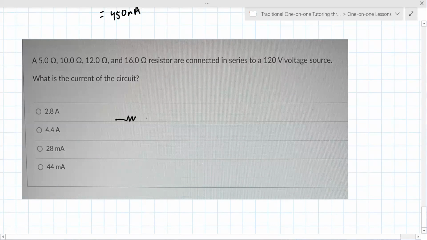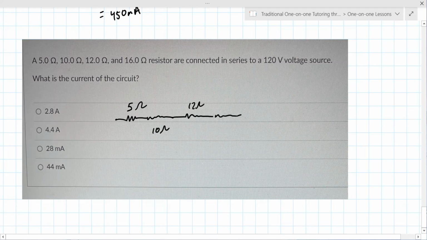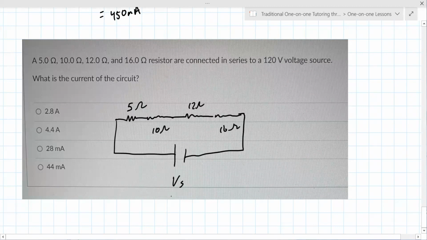Sometimes you just start drawing them, 5 ohm. Oops, that's your 10, that's your 12. So your 10 ohm, your 12 ohm, and your 16 ohm, and then you just draw your voltage source. It doesn't really matter where you draw it.